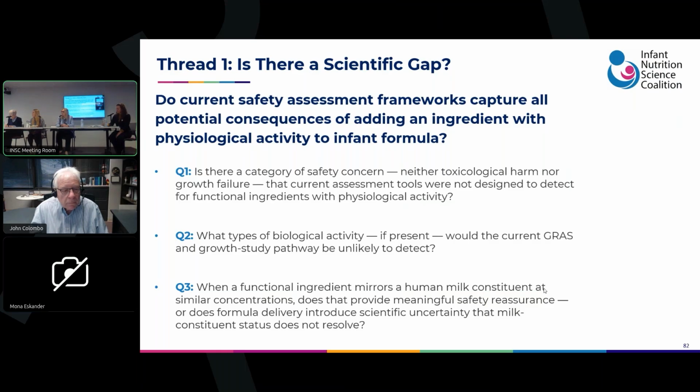What I hear, I haven't heard an example of where we didn't identify a safety issue from a preclinical model. So just from listening to it, I haven't heard an example.